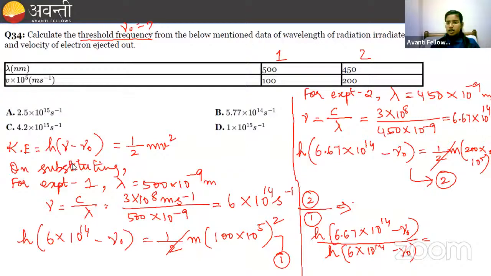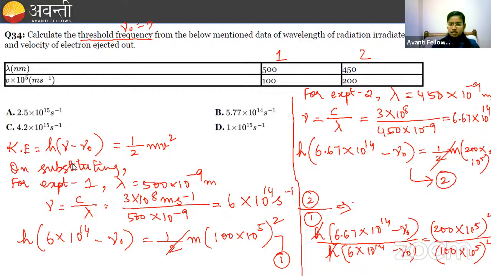So it will be 200 into 10 to the power 5, the whole square, divided by 100 into 10 to the power 5, the whole square. Okay. So here h will get cancelled with each other. And here we are left with 200 square divided by 100 square.